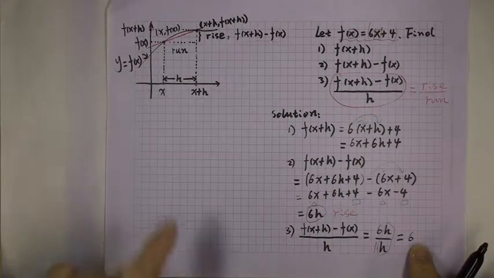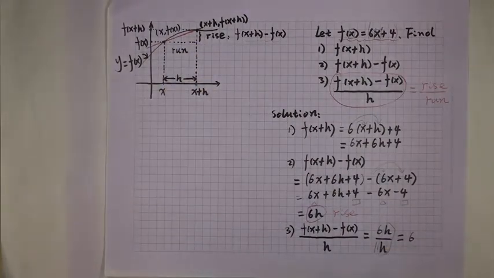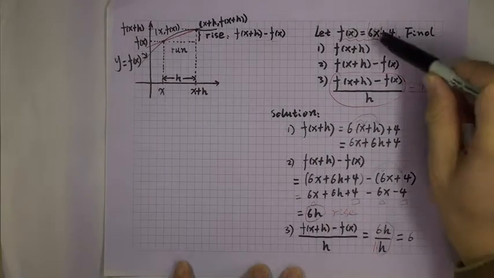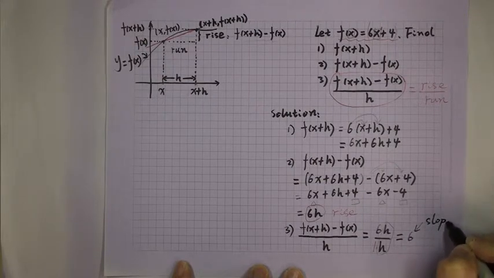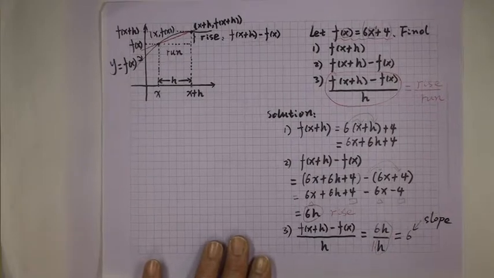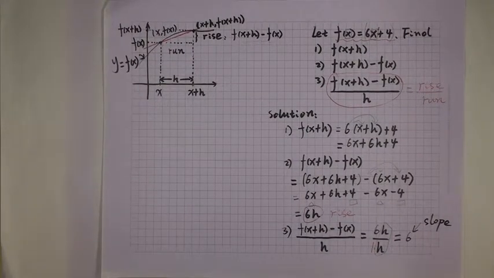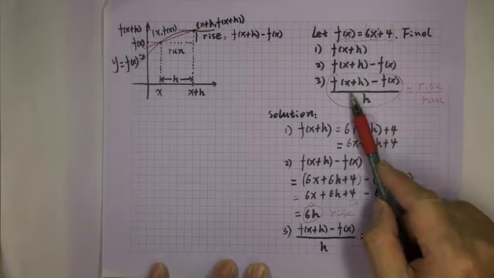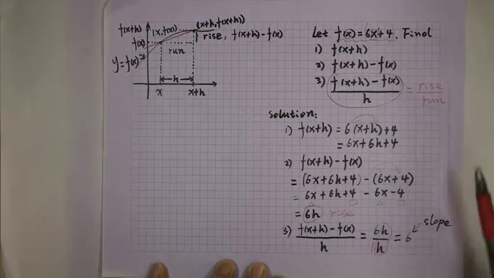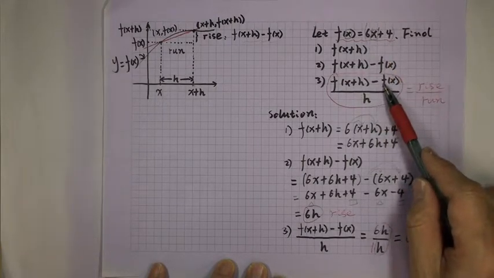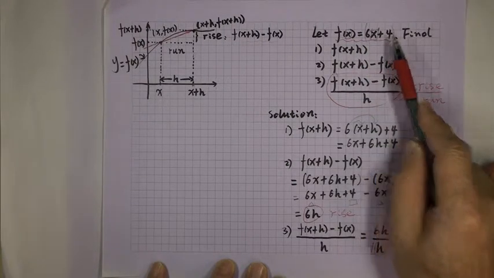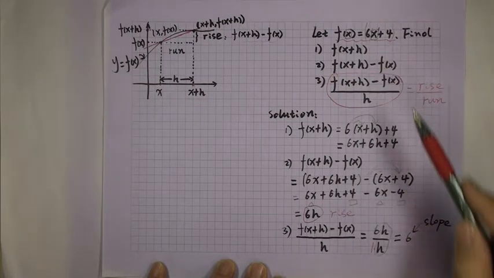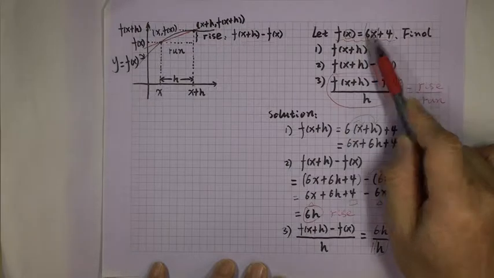So the rise over run is a constant. It's 6. We know this is a linear function. This is actually the slope. Even if we don't calculate this, we will know that eventually we'll get this 6, because rise over run for a linear equation, in the slope-intercept form, will be the coefficient 6.